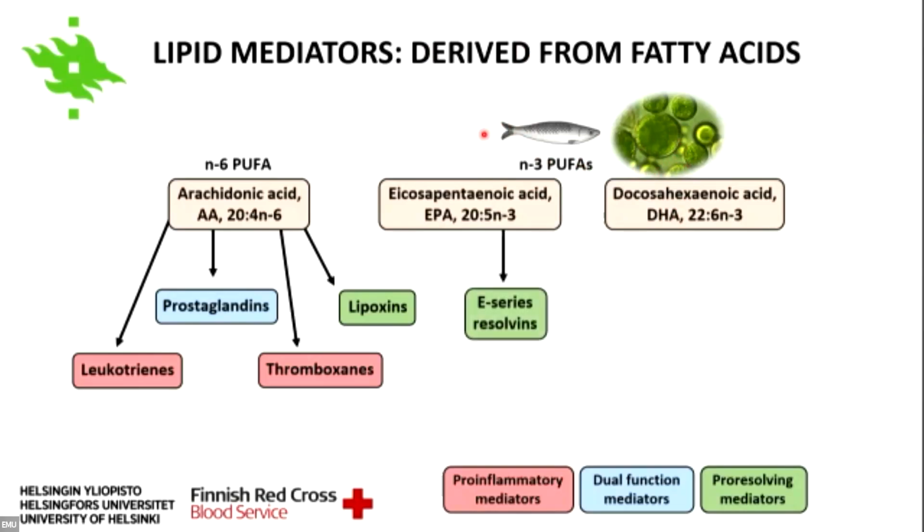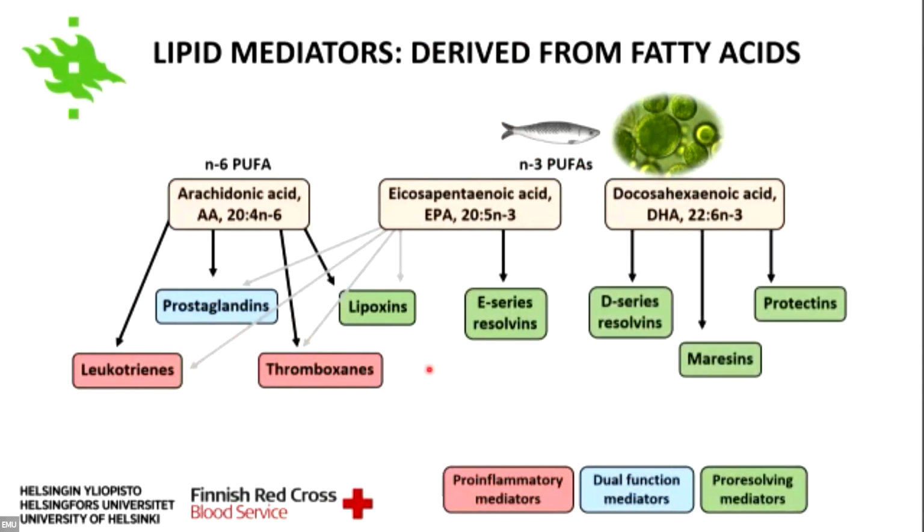From EPA, you can get E-series resolvins, and also prostaglandins and other mediators, but they are less pro-inflammatory than the ones coming from arachidonic acid. And DHA is a precursor of multiple other types of these lipid mediators. So yes, lots of new words.